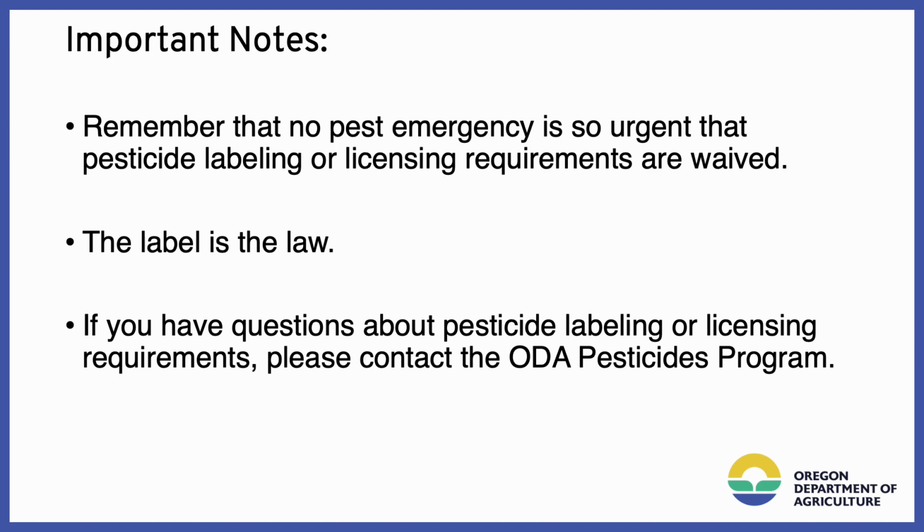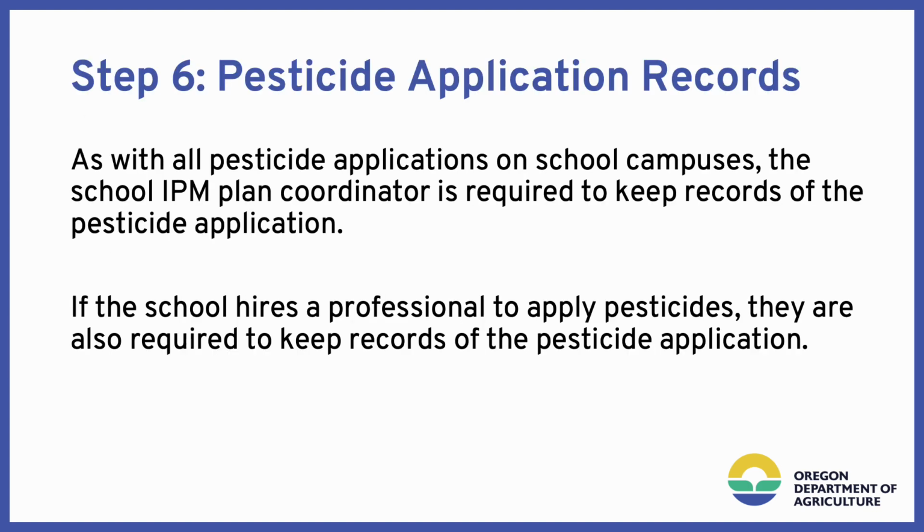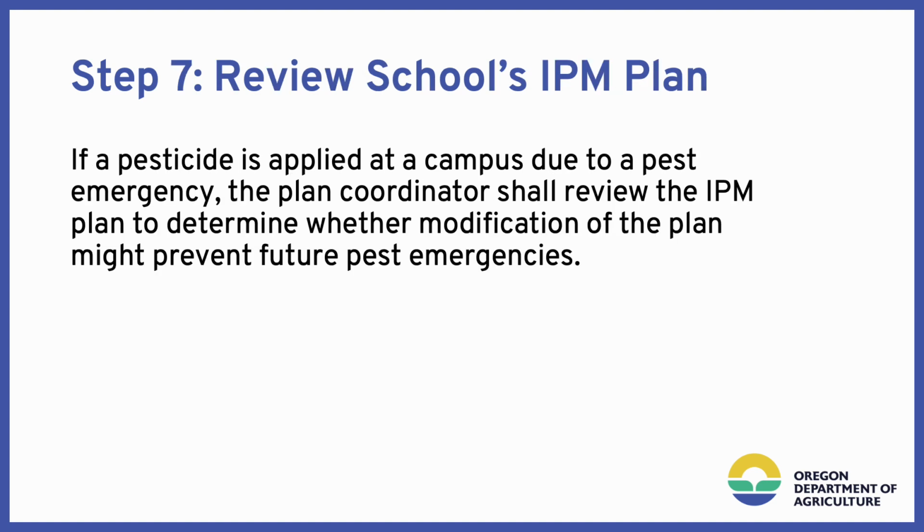If you have questions regarding labeling or licensing requirements, please use the links provided at the end of the video to contact ODA's pesticide program. As with all pesticide applications onto school campuses, be sure to record and retain records of the pesticide application. This goes both for the IPM plan coordinator and any professionals that you may hire.